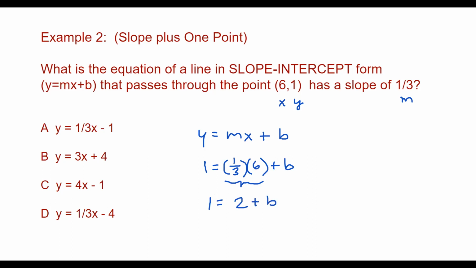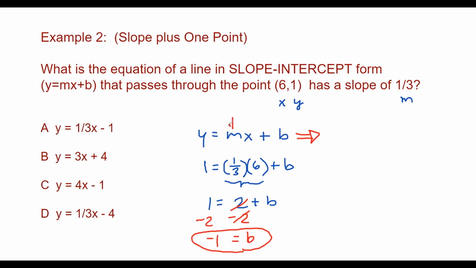And as we did in the previous problem, we're now going to subtract something from both sides. We subtract 2 in this case because we are trying to cancel that out. That leaves us with b on the right-hand side, and 1 minus 2 is minus 1 on the left-hand side. We now know the value of b. So let's come over here and write our final equation.